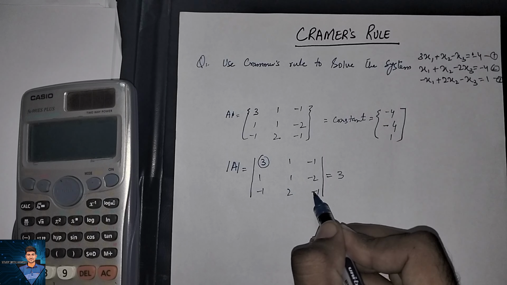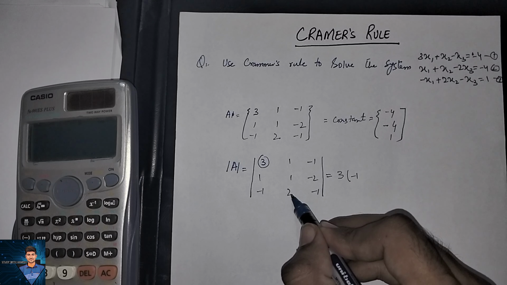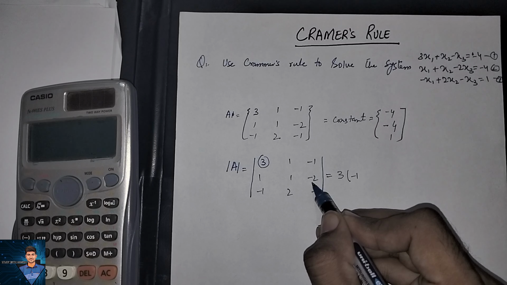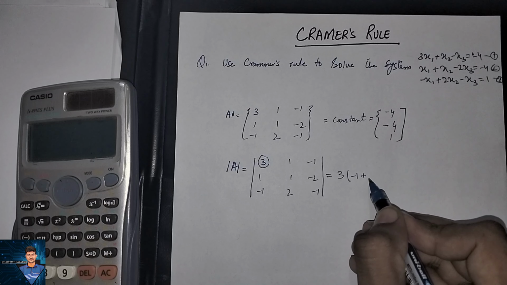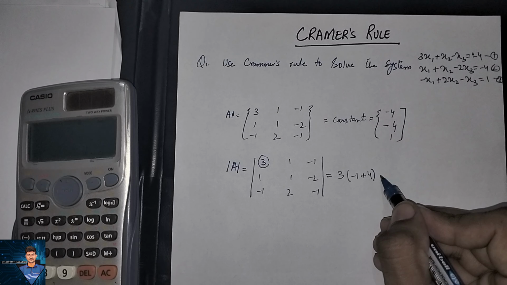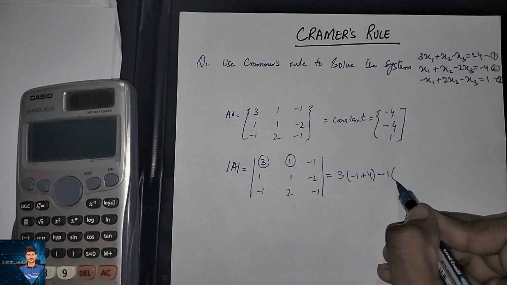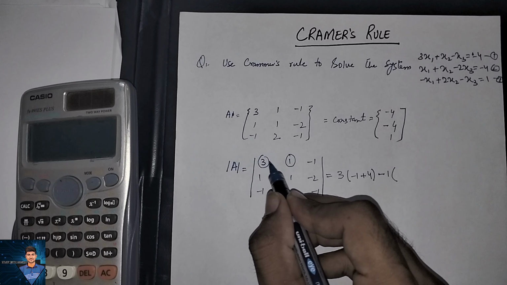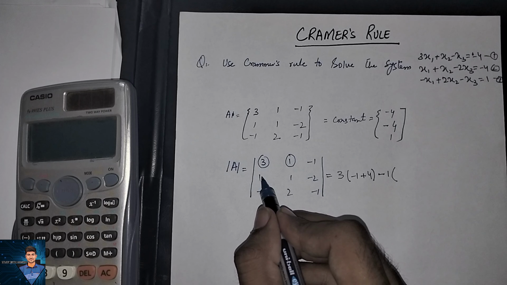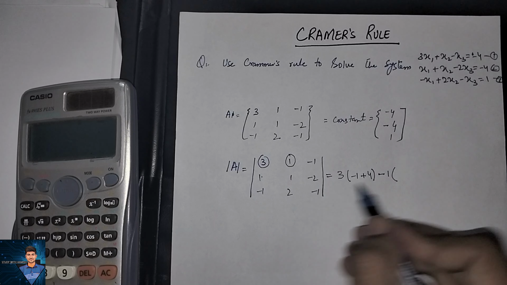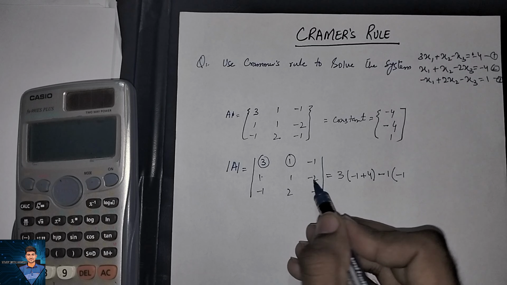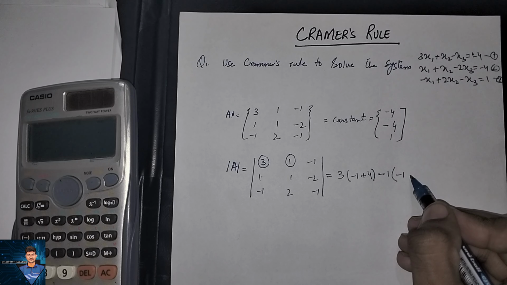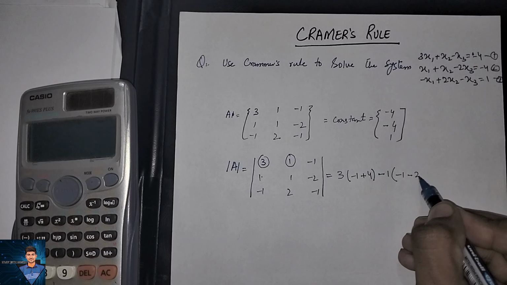and we will ignore the row and the column in which the 3 lies, and we will take this matrix. We will say 1 into minus 1 will be minus 1, and 2 into minus 2 will be minus 4, and there is a minus sign in between them, so it will be 4. Then we will take the 1, then it will be minus 1. We will ignore this column and this row. Now this will be multiplied with this. 1 into minus 1 will be minus 1, and minus 1 multiplied by minus 2 will be plus 2, and the minus sign of the formula in between will make it minus 2.